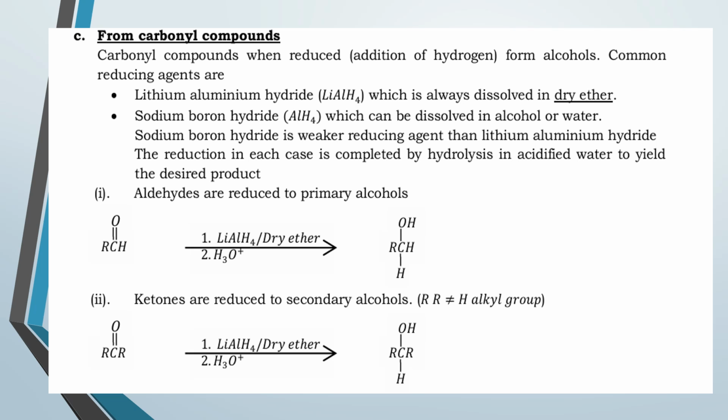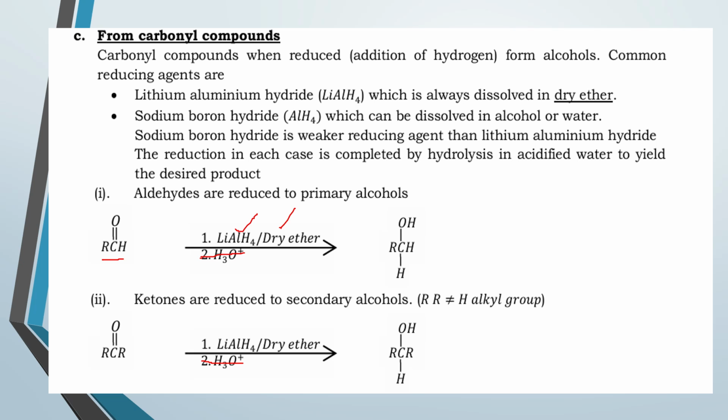Another reaction is going to be from carbonyl compounds. There was a misarrangement of reagents for this case. So for the condition for this to happen, we simply get our carbonyl compound and then react it with lithium aluminium tetrahydride in dry ether.